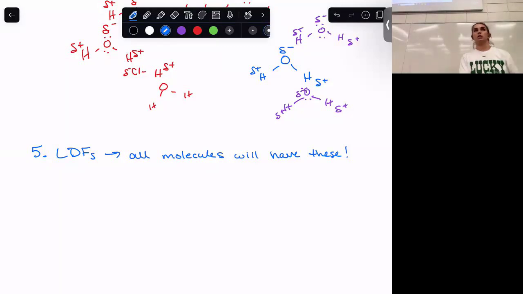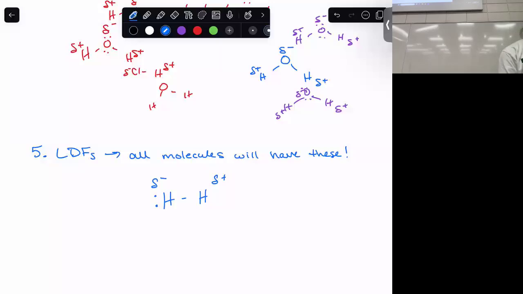Does anyone know what causes the London dispersion forces? Electrons are constantly moving. So if you just have two electrons, sometimes they're going to end up both closer to one atom over the other. Are electrons positive charge or negative charge? Negative, right? So at some point, maybe in a hydrogen atom here, both electrons end up on this side. They're negative, so they're going to create a quick partial negative charge, creating a quick partial positive charge on the other side.